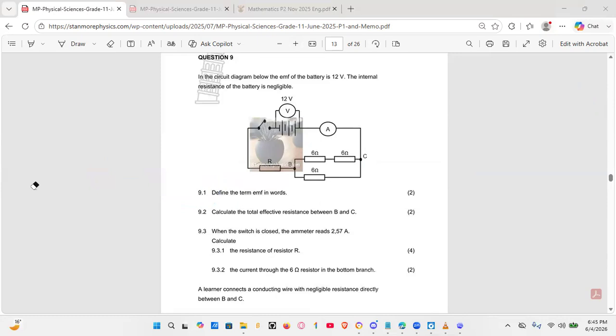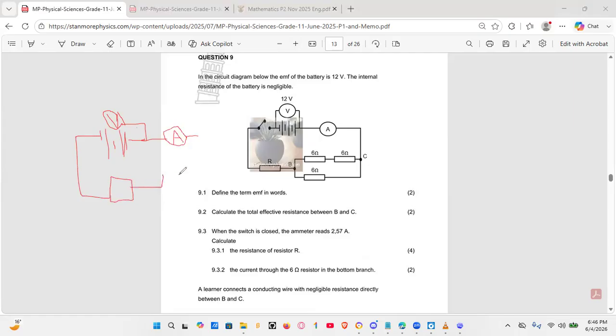So now we can draw a much simplified circuit. So now we know we have an ammeter. So now we can decide on the identity of this circuit. Just drawing the full circuit. We have a voltmeter, then we have our battery, and then we have one resistor.